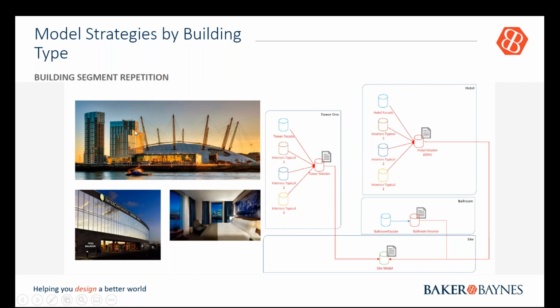Okay, the next one is repetition. This is more for facades and a little bit more complex structures. I see that they've separated the one complex item from the other, kind of like the previous example. But we can also do it in the way that separates the facades.